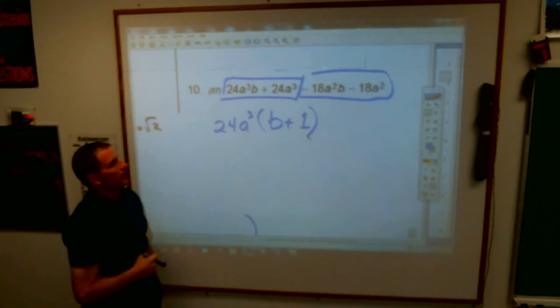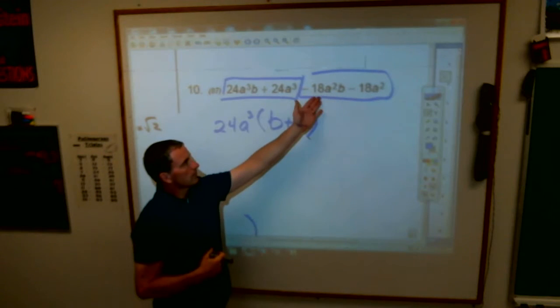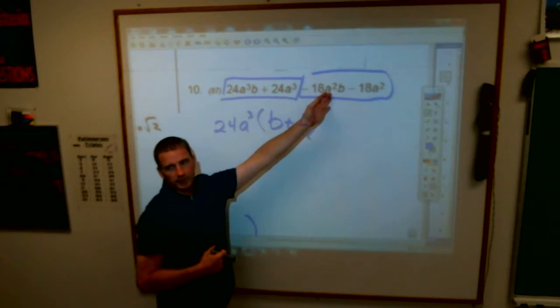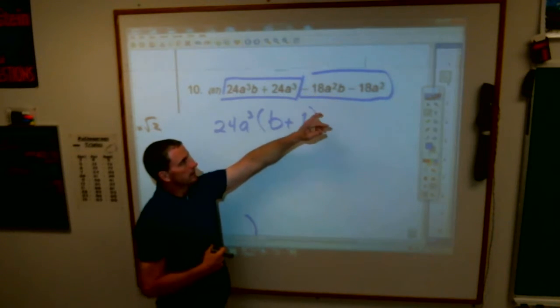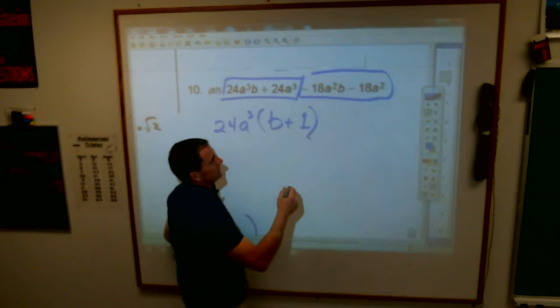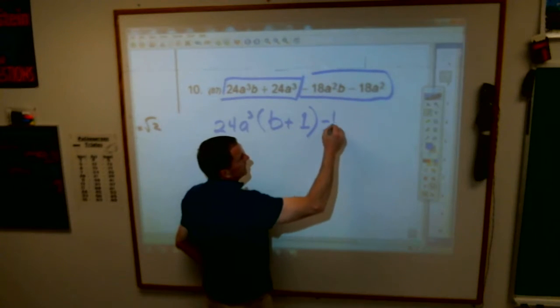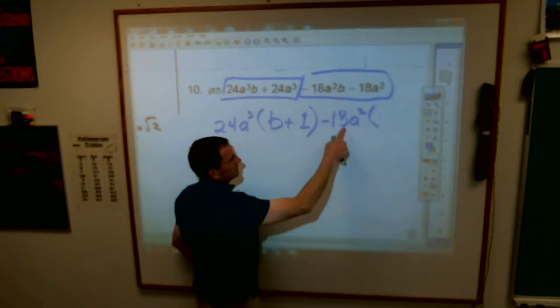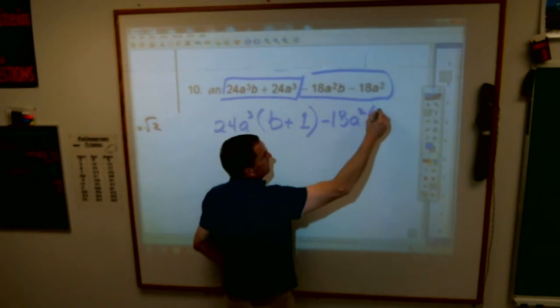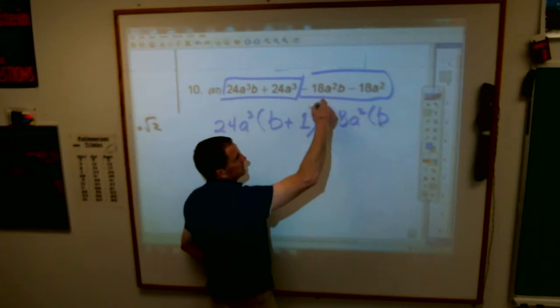Yeah. Over here, okay, you want your first term to be positive, so you're going to take a negative out. Negative what? Looks like 18a squared, right? Yep. You take a negative 18a squared out. What times this gives you that? B. What times this gives you that?